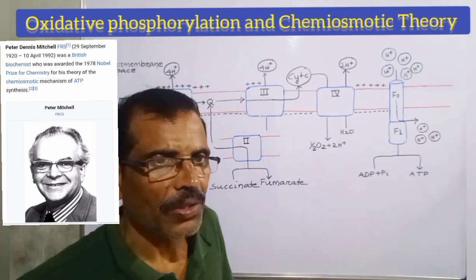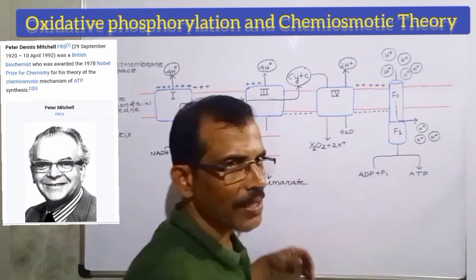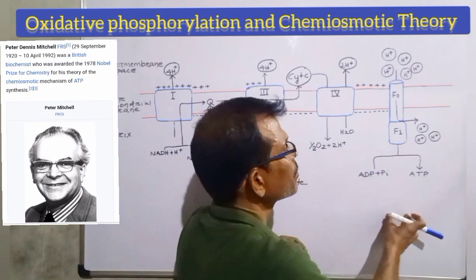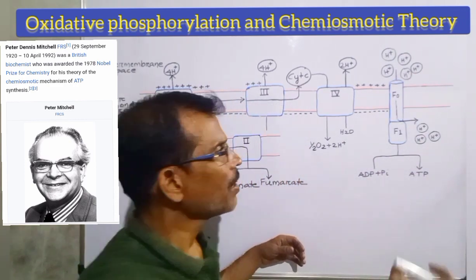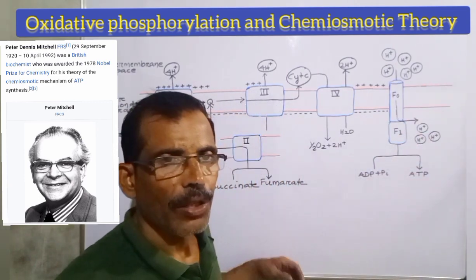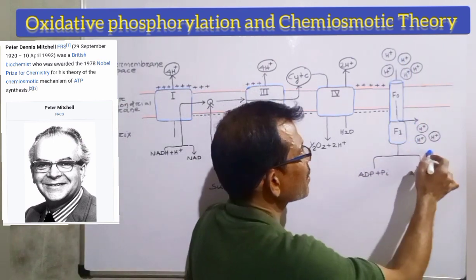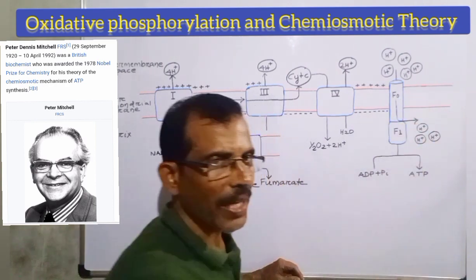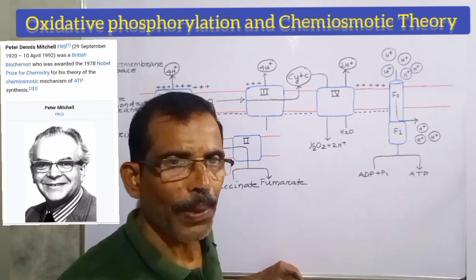Because their concentration is higher in the intermembrane space, protons flow back to the matrix through the FO component of ATP synthase. FO components serve as the proton channel. Movement of protons from greater concentration to lesser concentration causes the FO components to rotate, which in turn drives the synthesis of ATP.